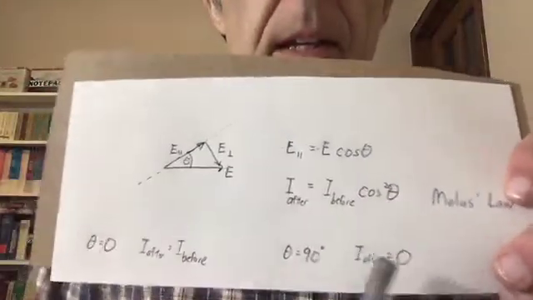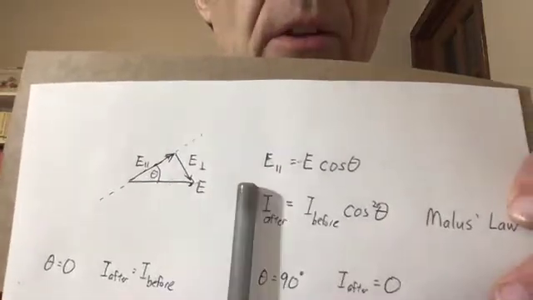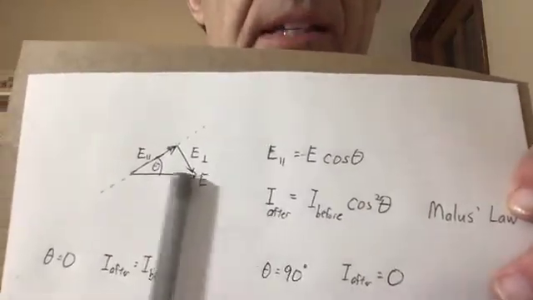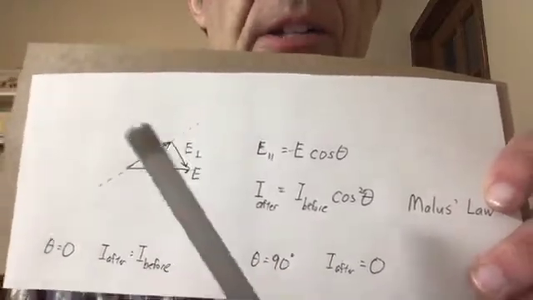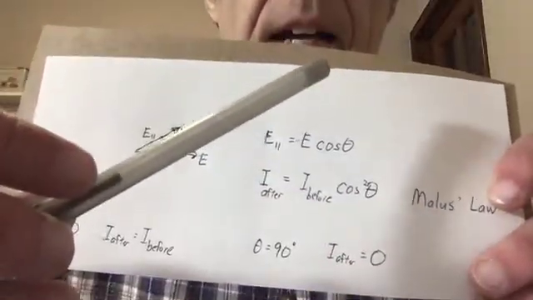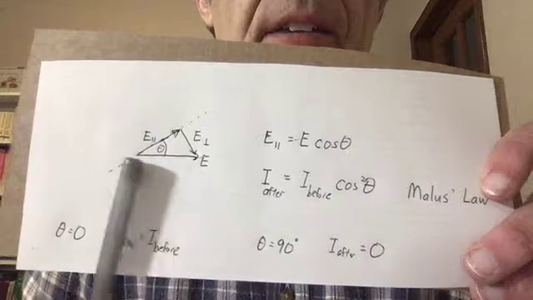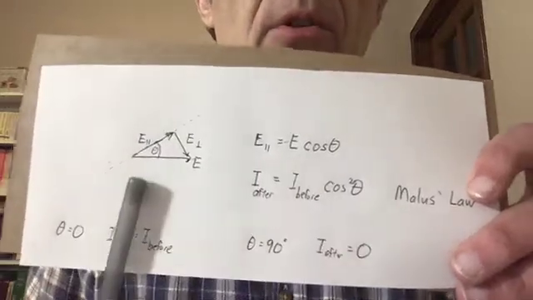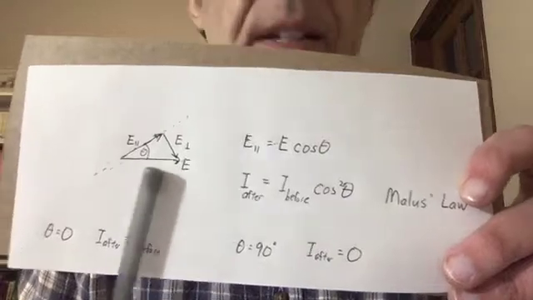So let's analyze the electric fields in that case. Here is the light that's been linearly polarized, so it's just going back and forth. This is what happens after the first polarizer. Now, the second polarizer is going to be oriented at some angle theta, which is along this dashed line right here. You can write any vector as the sum of two components perpendicular to each other. That's not physics, that's just math.